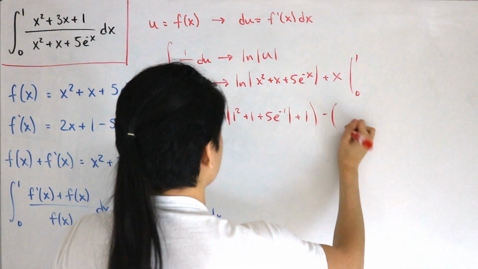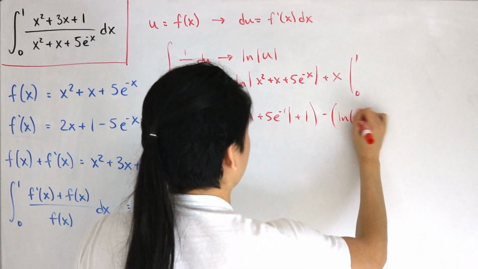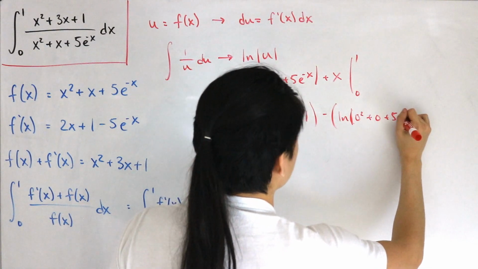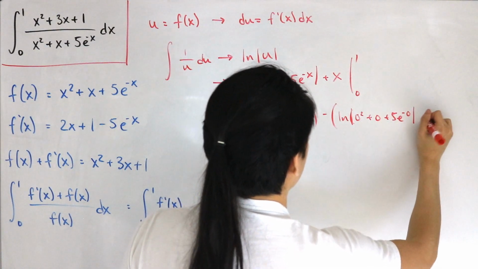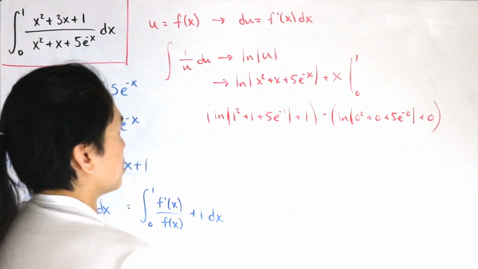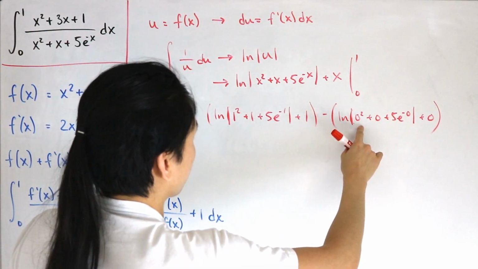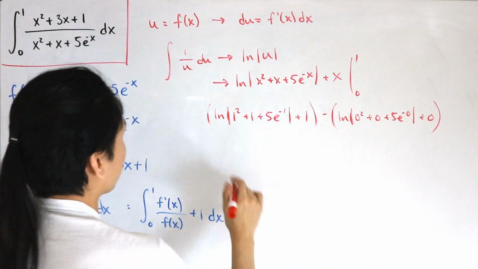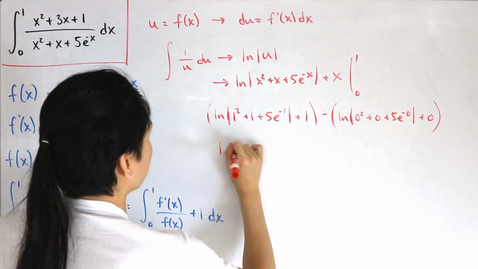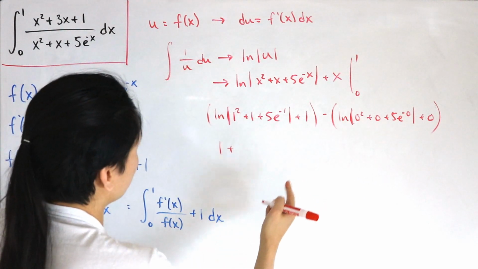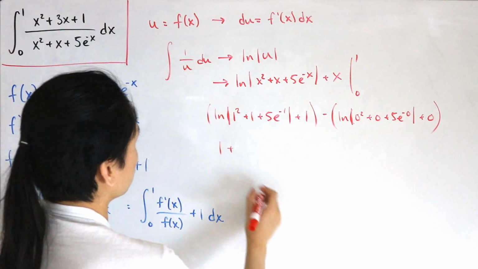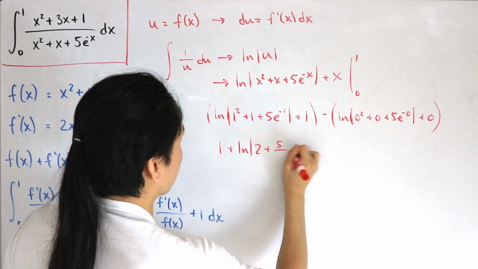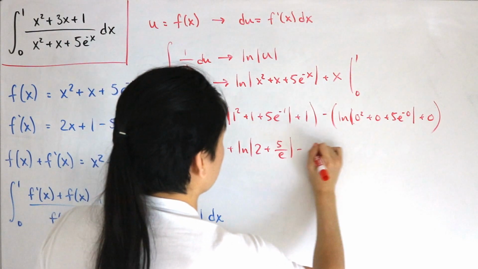Now let's subtract the 0 term: ln of 0 squared plus 0 plus 5 times e to the negative 0, which is just 1, plus 0. So that's ln of 5. Simplifying everything, I have 1 plus ln of (2 plus 5 divided by e), and then subtract ln of 5.